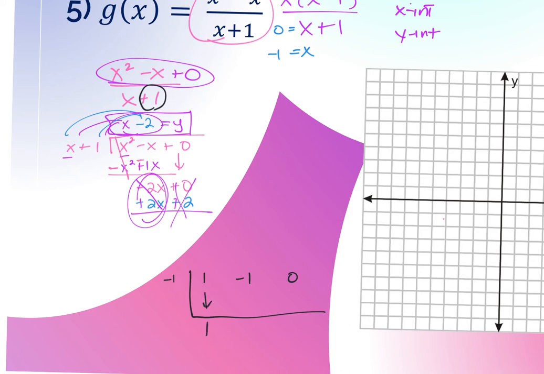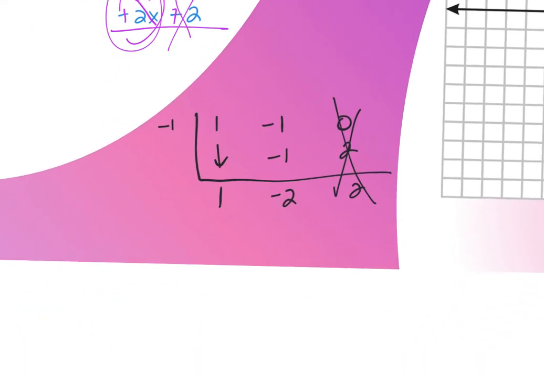Bring down the 1, multiply it by -1, put it in the next column and add it, multiply it, put it in the next column and add it. I don't need the last column because it's my remainder. The -2 stays the constant, the 1 gets the x, and we set it equal to y. And there's my slant asymptote.